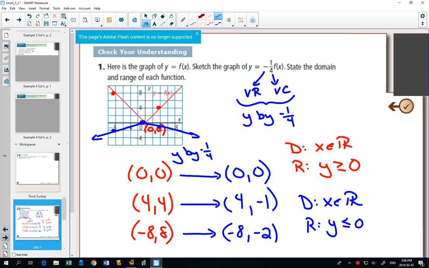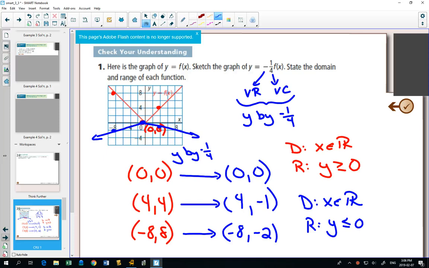Couple of other things. Everything in this question was in function notation. So the original graph was given to us as just f of x. And the transformation was given to us as y equals negative 1/4 f of x. This is one, since you recognize it, that you could write the actual or explicit equation for.